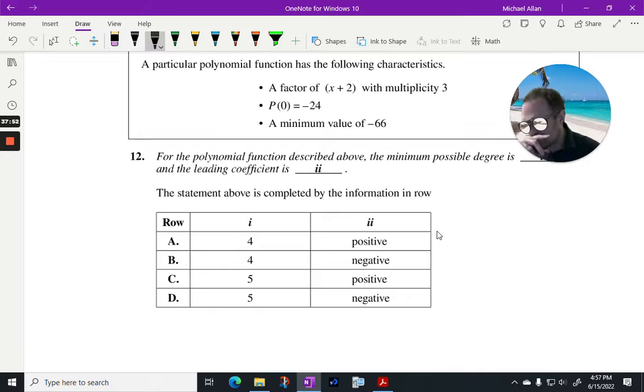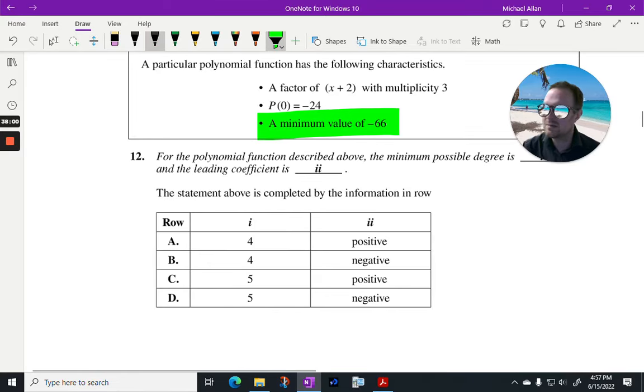Now this one, I just don't like this question because they give us a lot of information here we don't need. The only thing that we need in this question is the fact that it has a minimum value of negative 66, right? So based on just that, and that we know the possible degree here, odd degrees don't have minimum values. They have relative mins, but they don't have absolute mins.